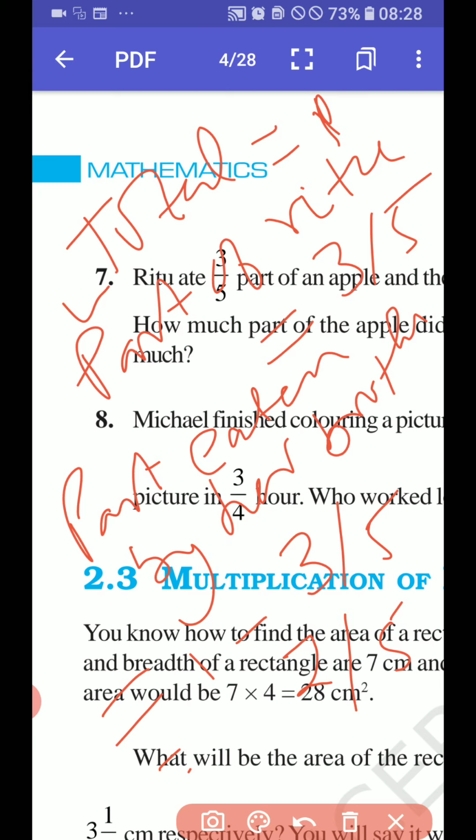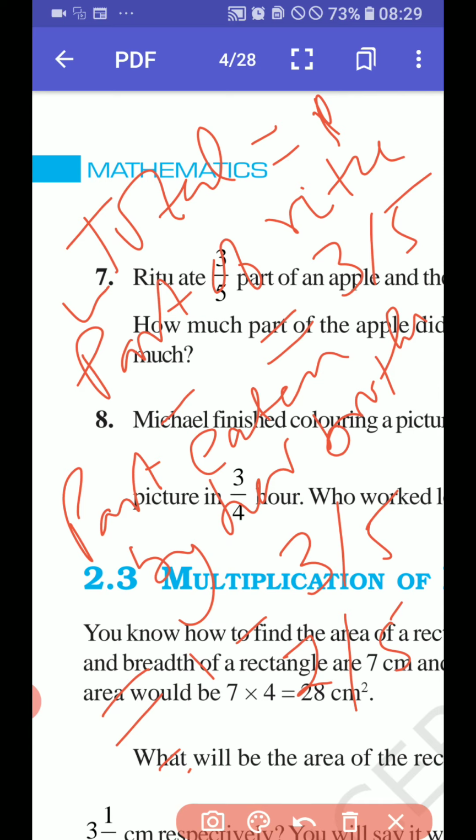How much part of the apple was eaten by her brother, and whose share is greater? Now we have to find out whose share is greater. Since 3 by 5 and 2 by 5 are both like fractions, the numerator of 3 by 5 is greater than the numerator of 2 by 5.